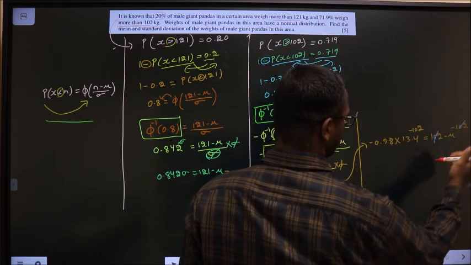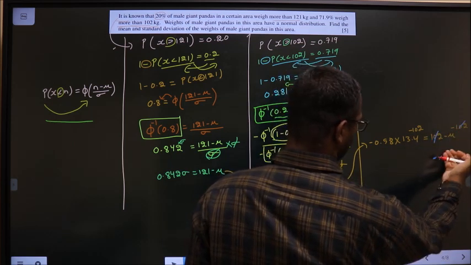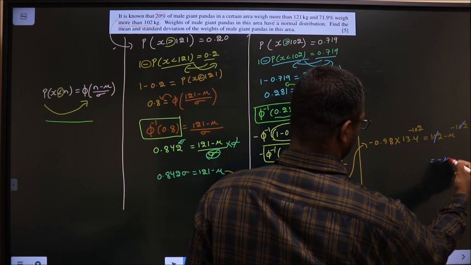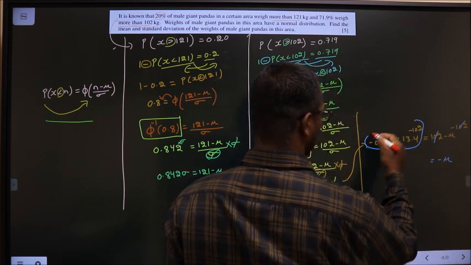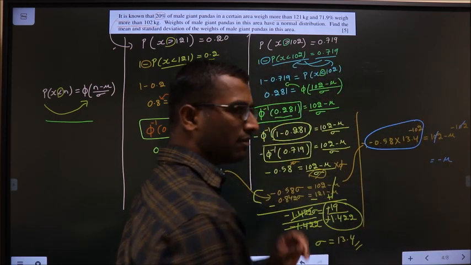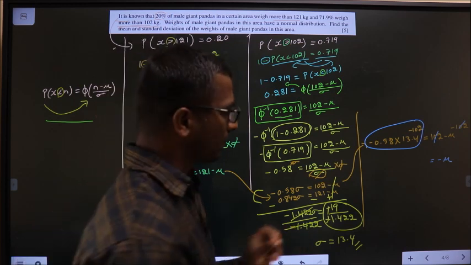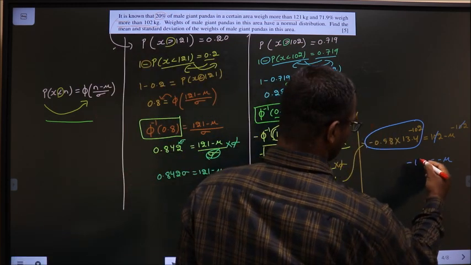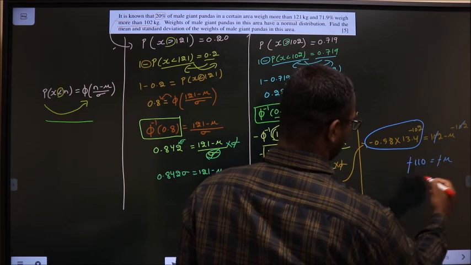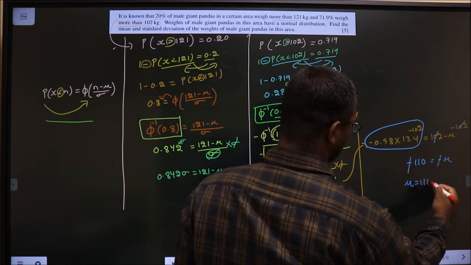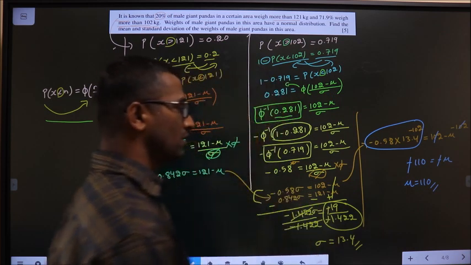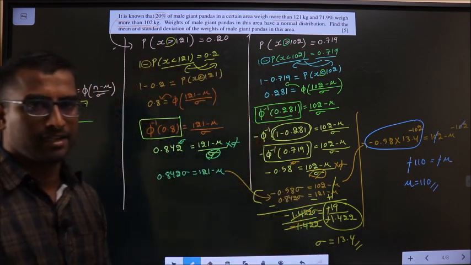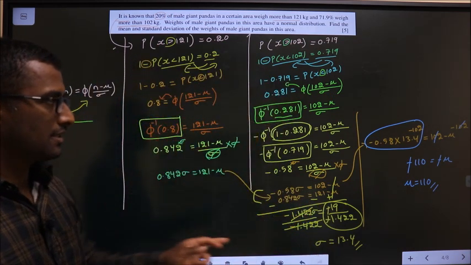This gets cancelled, here minus mean, and on this side put this entire thing at once in the calculator. You should get the answer to be minus 110. Cancel the negative sign, you get mean to be 110. So I have found mean and standard deviation. Is this clear?